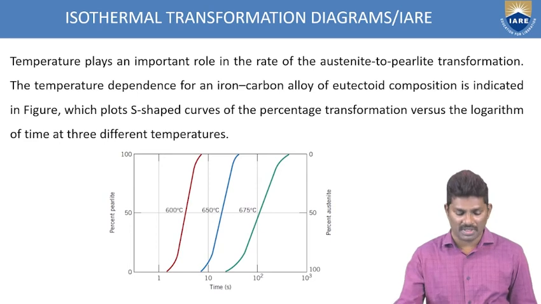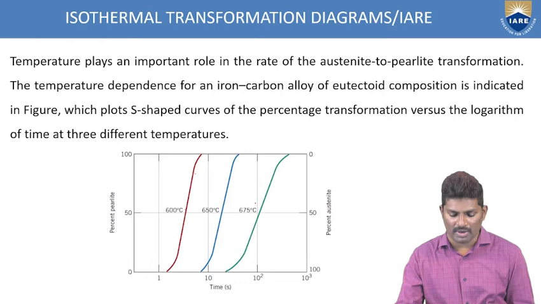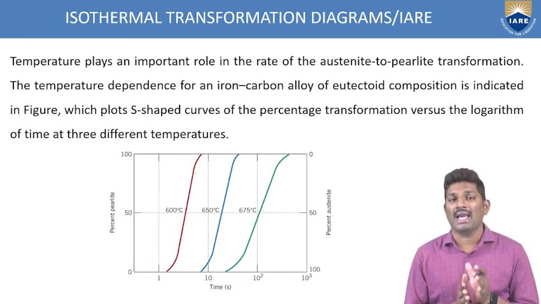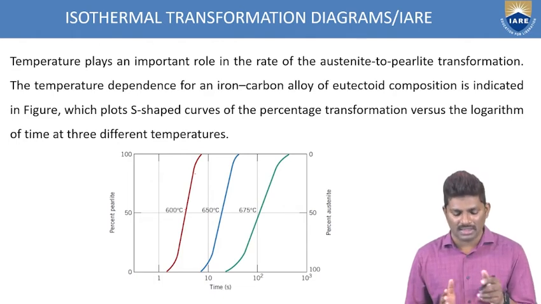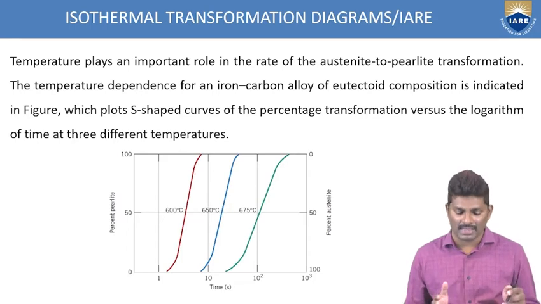And these are some of the temperature plots. As I told you, these are in the S shape: starting, midpoint, and endpoint. This is the starting point, midpoint, and endpoint. Since the shape is in the S formation, that's why these are called S type curves. Whatever TTT plots there are, since they are in S shape, they are called S-shaped curves.